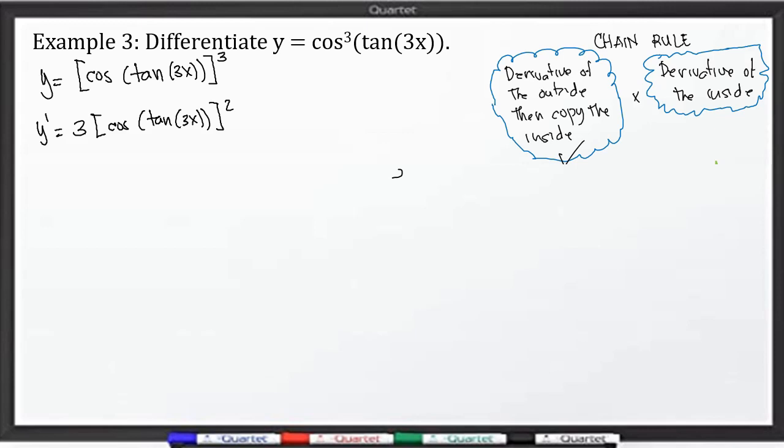Ang inside function po natin ay ito. Itong buong ito. So that will be the derivative of cosine. So the derivative of cosine u with respect to x is equal to negative sine u du over dx.